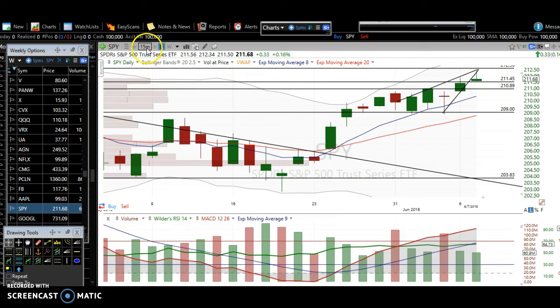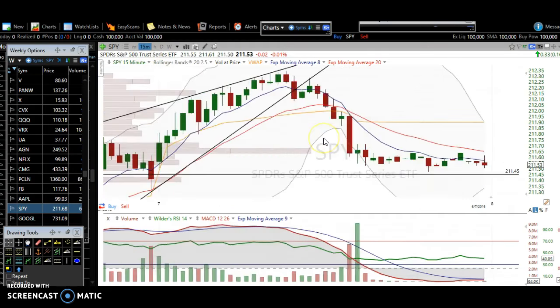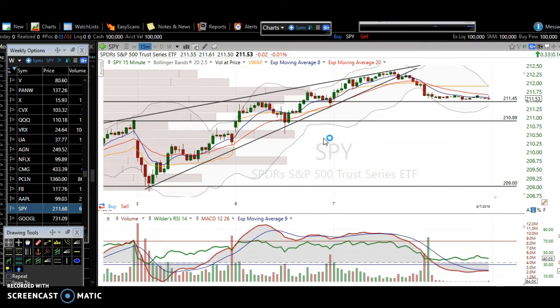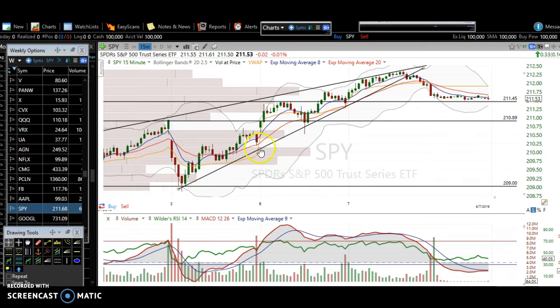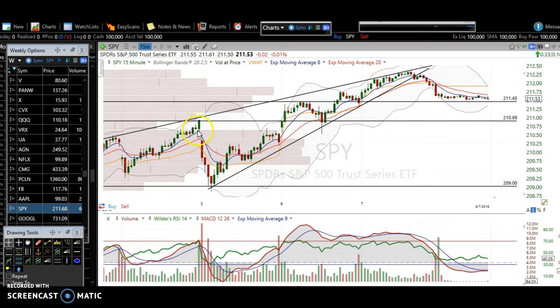Now looking at the intraday chart, we're pointing this out thanks to one of our members, Tim, option trader. He's a great help in the room, and he pointed out this rising wedge that we had here on the S&P 500. This is the 15-minute chart.